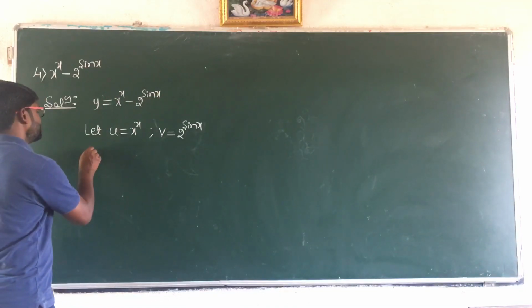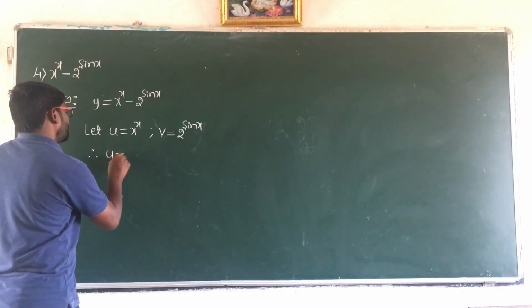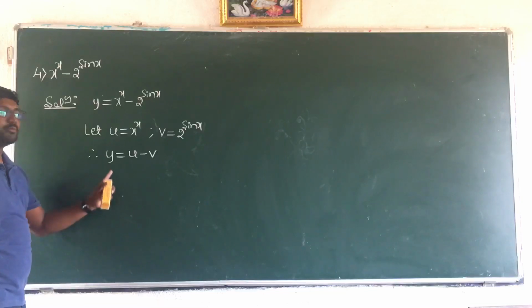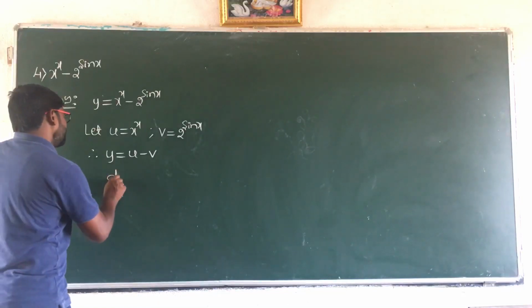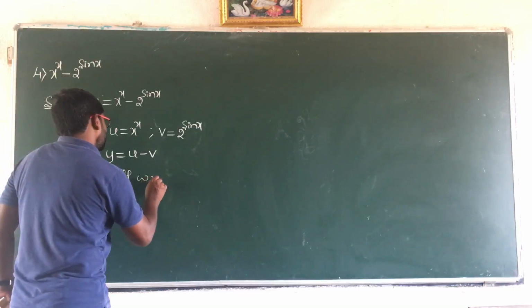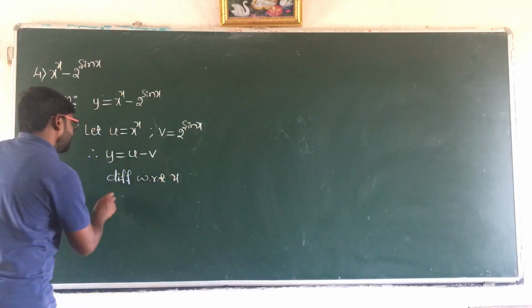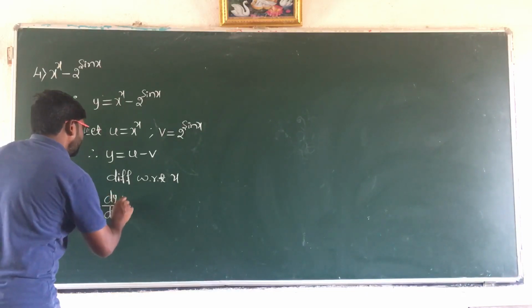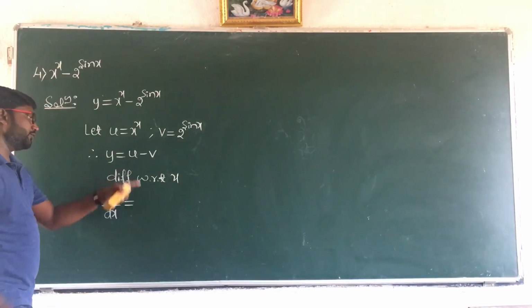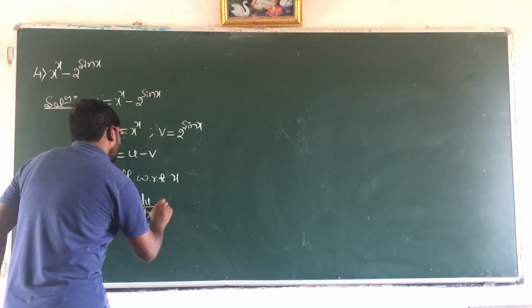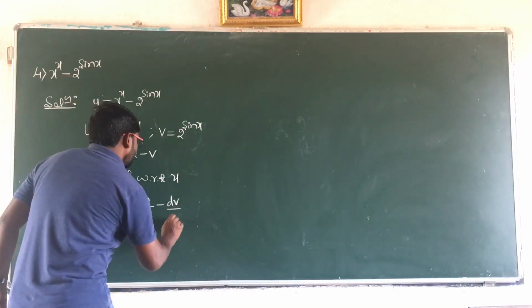Therefore y is equal to u minus v. Differentiate with respect to x now. What do we get? dy by dx is equal to du by dx minus dv by dx.